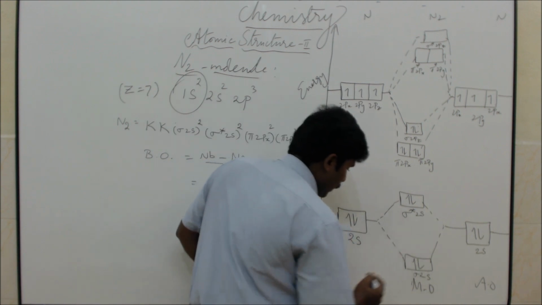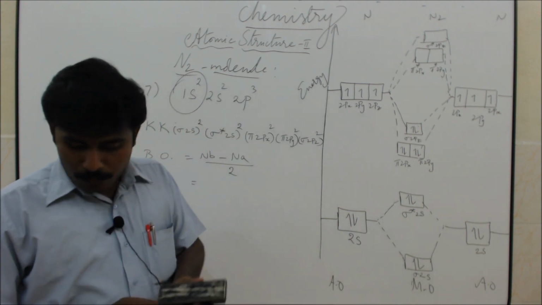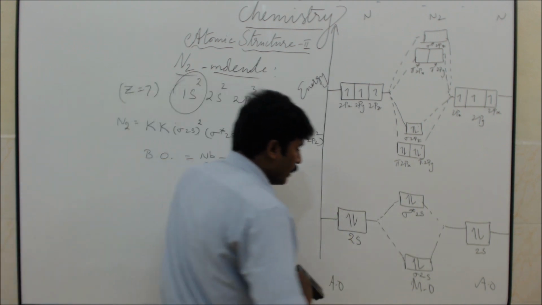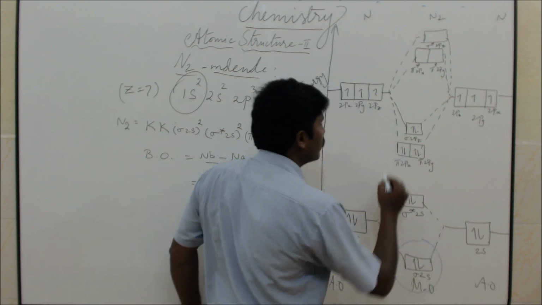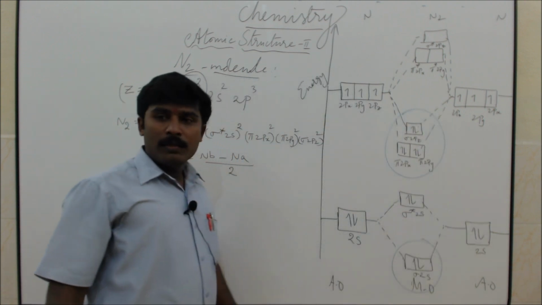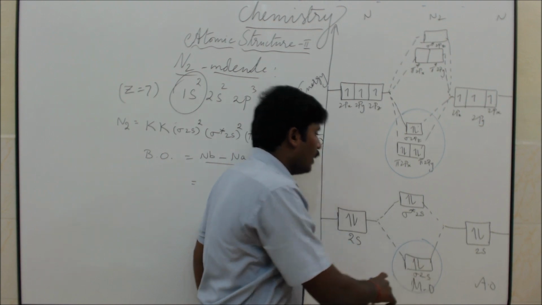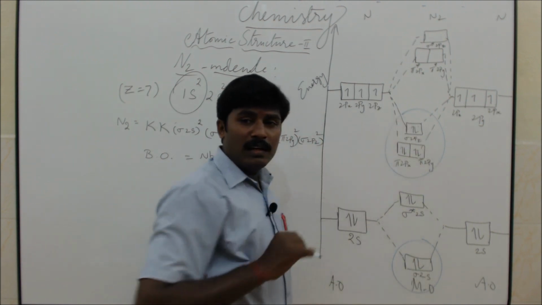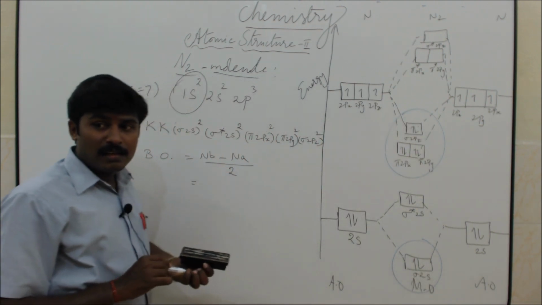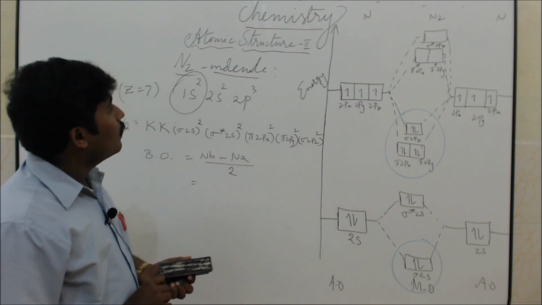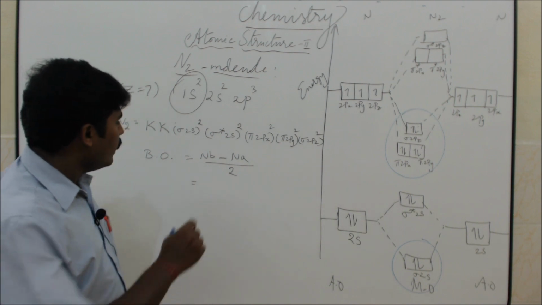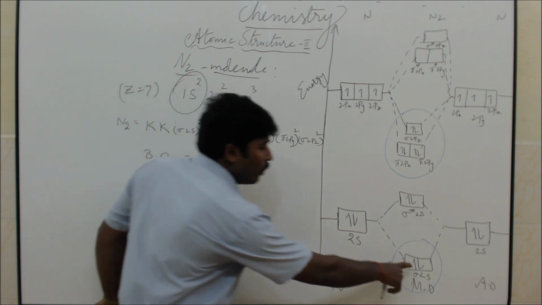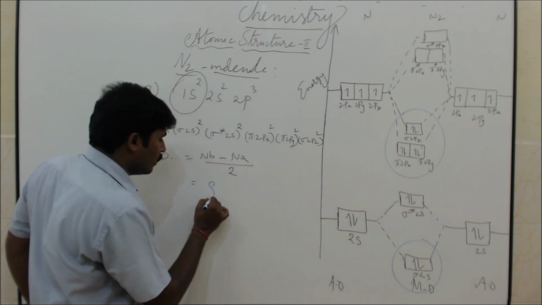This is bonding, and this is also bonding, so here you have 2 electrons, here 6 electrons. Altogether 8 electrons. So for bonding, totally you have 8 electrons.